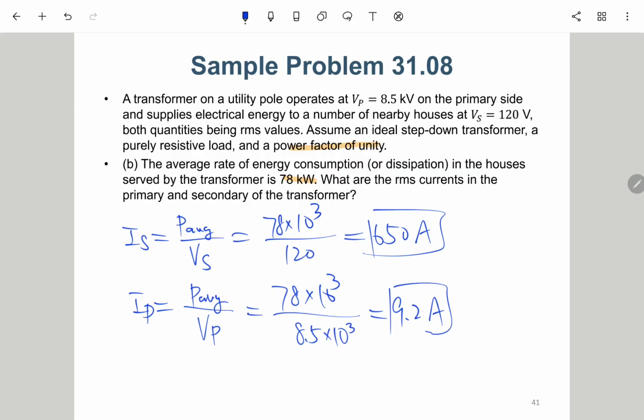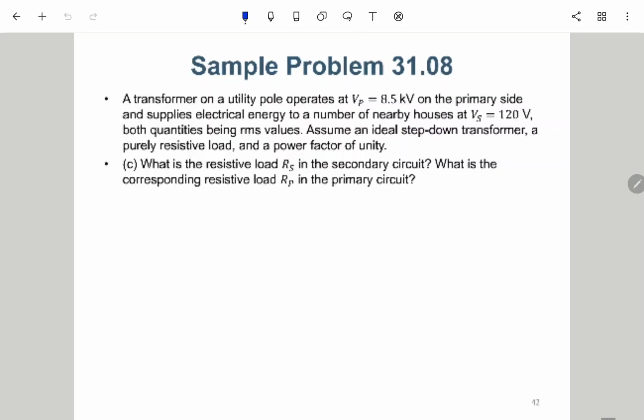If you are familiar, this is just the turn ratio of 70.8. If you divide 650 by 70.8, it is actually 9.28. So these are the currents for the primary and secondary coils.